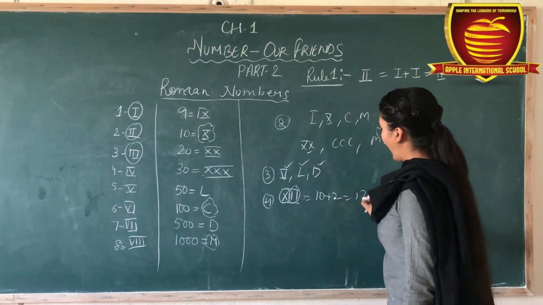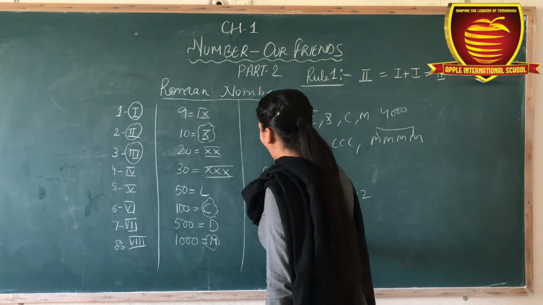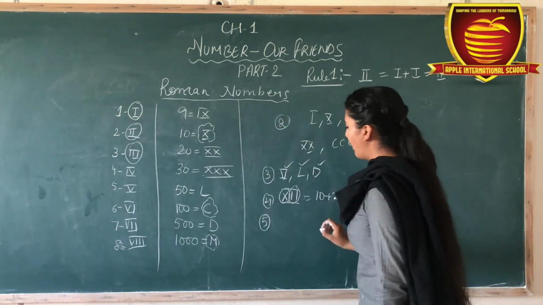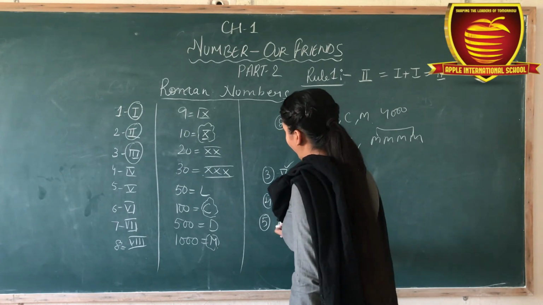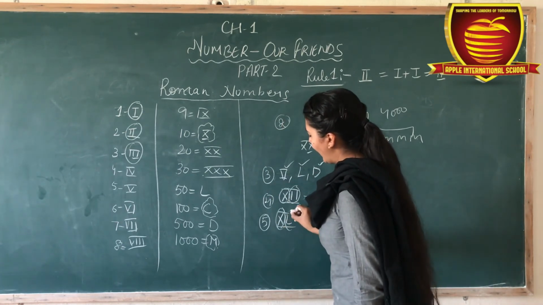Then they add. Okay. In the fifth rule, if any symbol, for example XL, this symbol is smaller than this because L is 50 and X is 10.